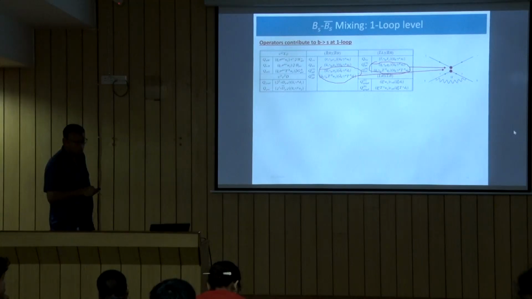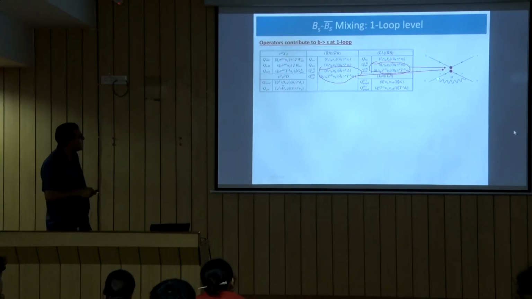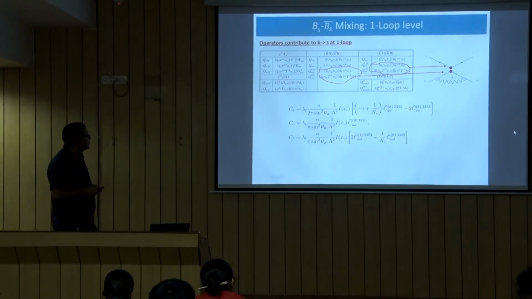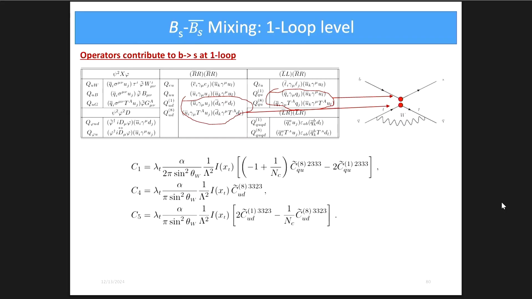So here the contribution will come from the top, and you have a W exchange here. All these four operators can contribute here, and one can calculate the coefficients and do a matching calculation. Okay. So if you do the matching calculation, this would be the coefficient to which this will contribute.